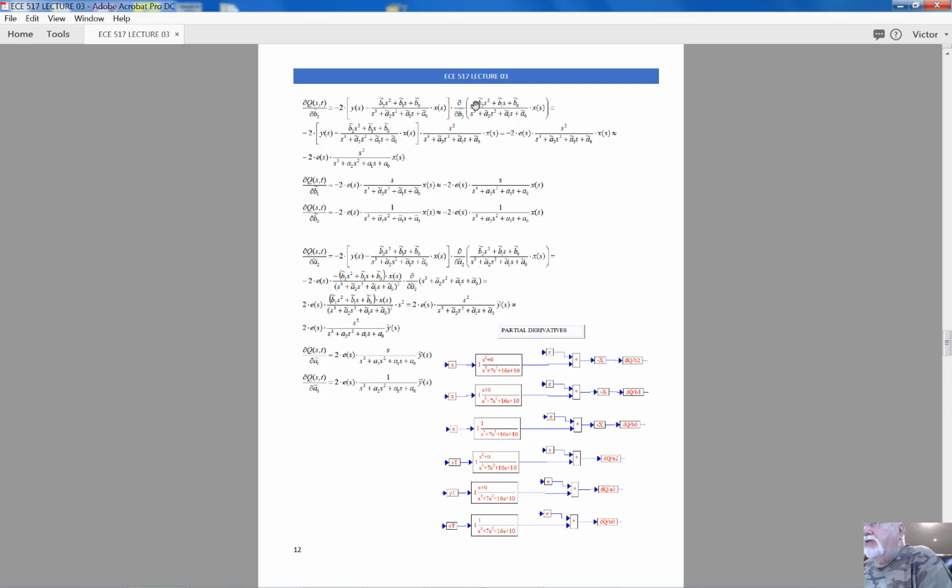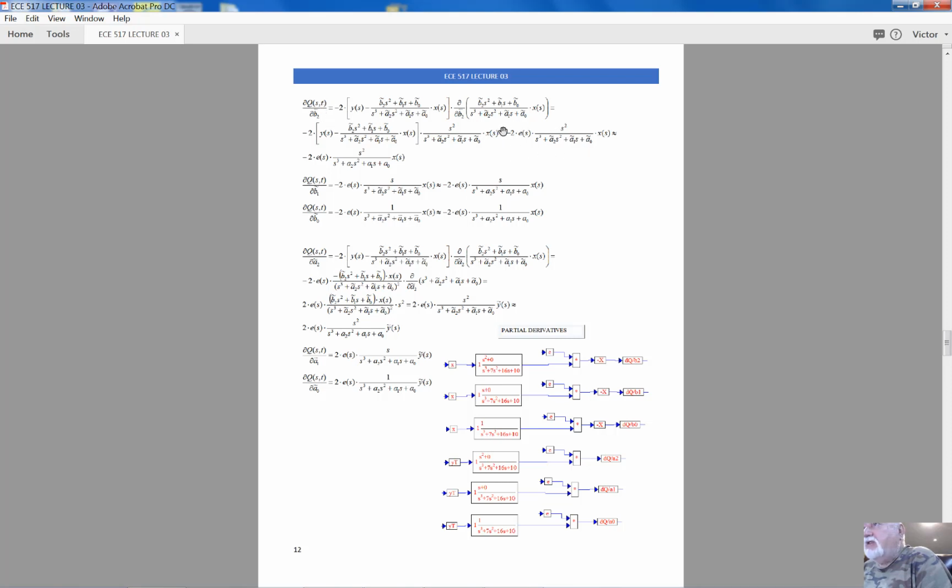Now, if I would take the derivative with respect to parameter B2, what will happen? This is what will happen. S squared will stay, the denominator will stay. So look, this is the result representing the derivative of the criterion with respect to parameter B2.